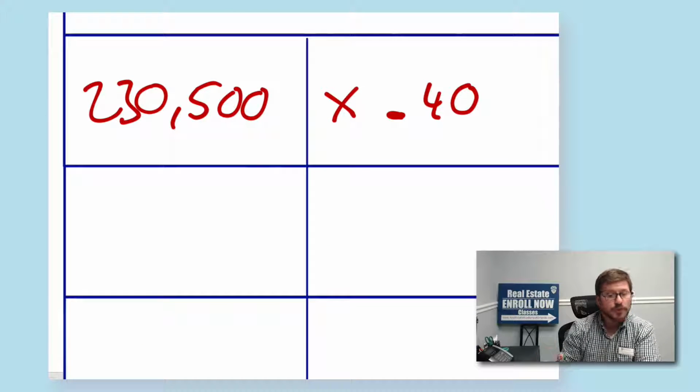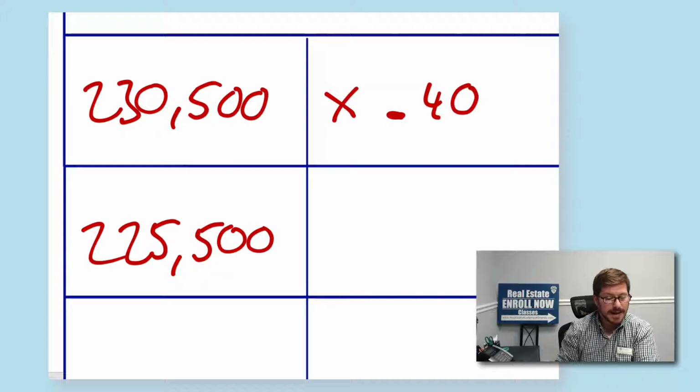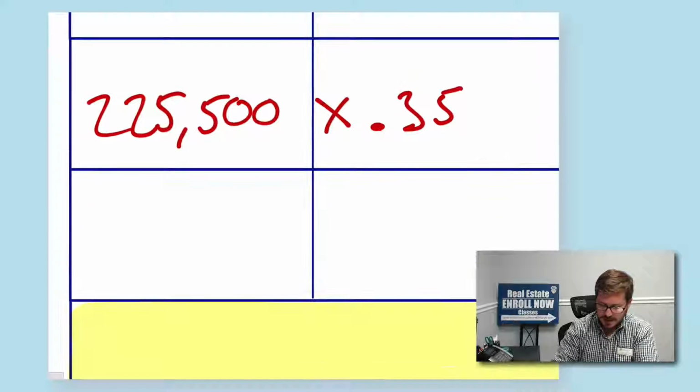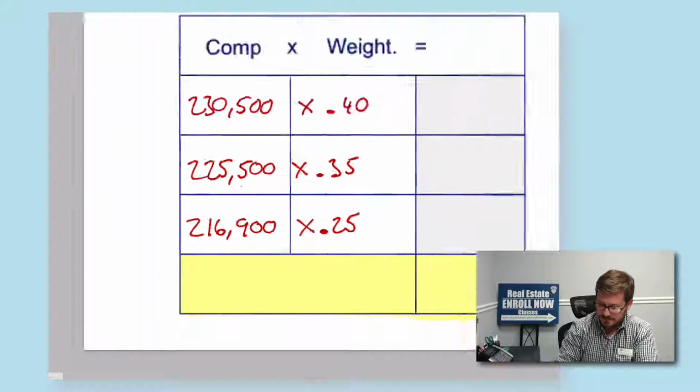Comparable number 2 was $225,500, and that had a weight of 35%, so multiply that by 0.35. And now comparable number 3 had an adjusted sale price of $216,900, and it had a weight of 25%. So we can multiply that by 0.25.